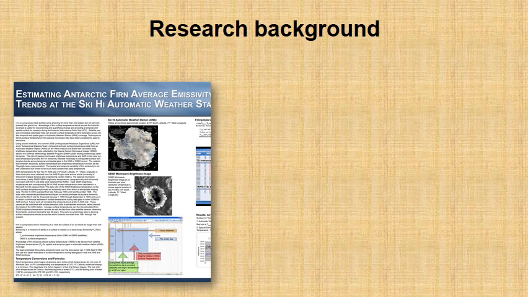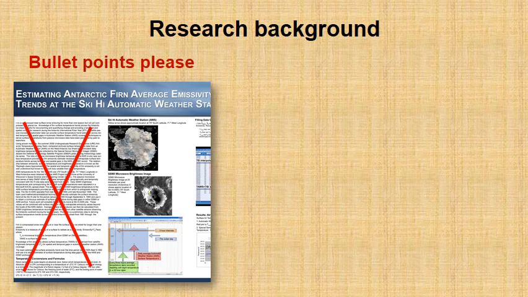Okay, but what you need to put is a bit of research background. And this is a nice example I found on the internet, in which the authors put a very extensive explanation of the research field with a lot of references, a lot of text, and oh my God, who is reading this? You should not put text in your presentation, bullet points.